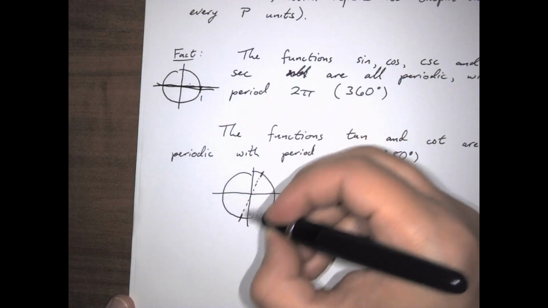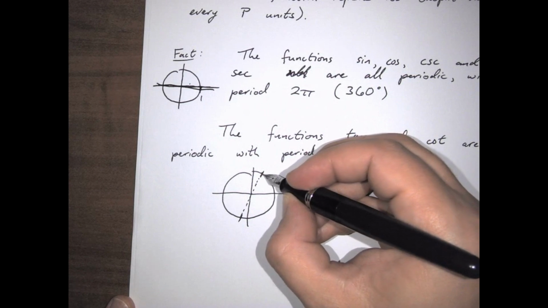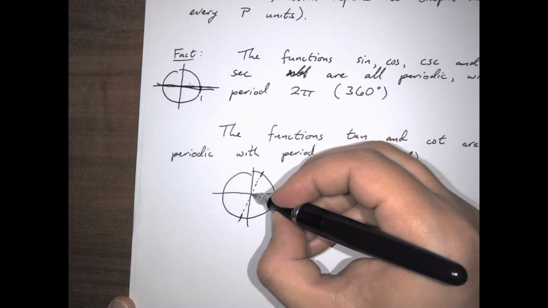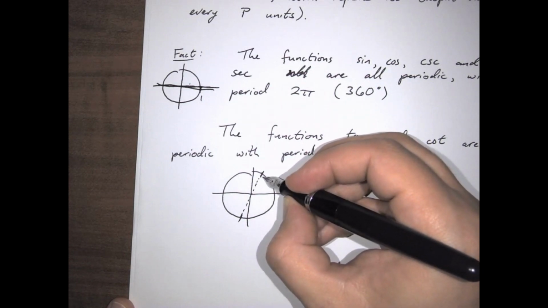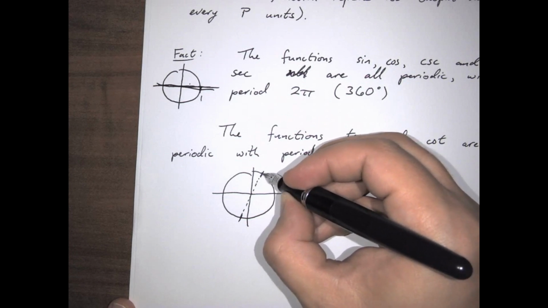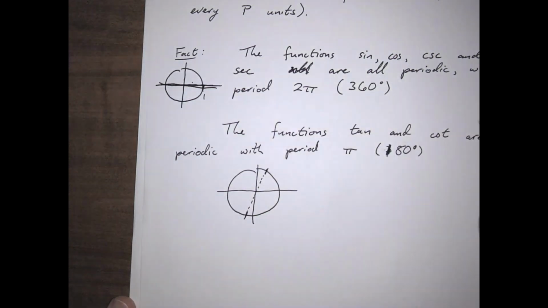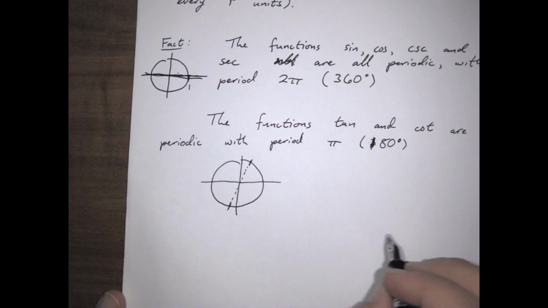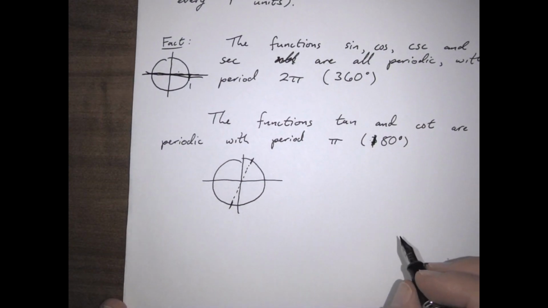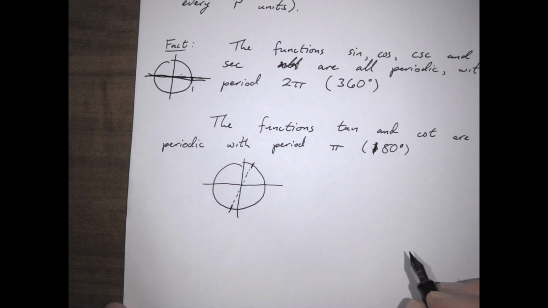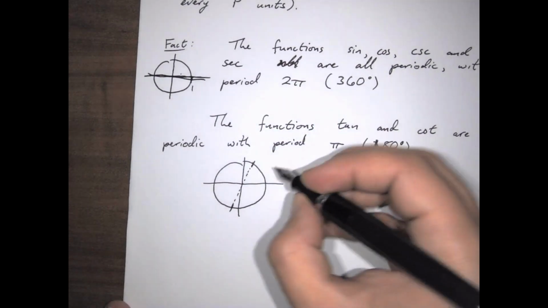So whenever you have these points right here, they actually lie on a ray that has the same slope, like going in quadrant 1 or in quadrant 3. And what that means is the ratio of y over x or x over y, whether we're talking about tangent or cotangent, will be the same.